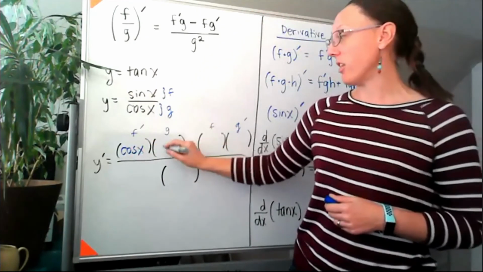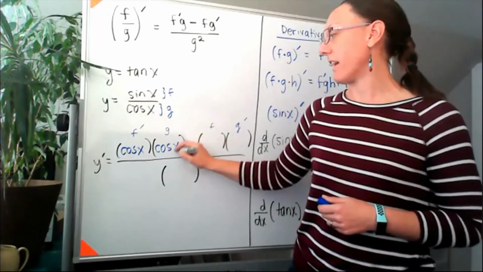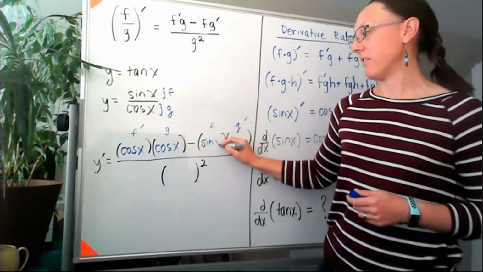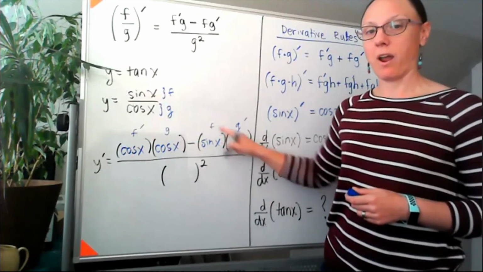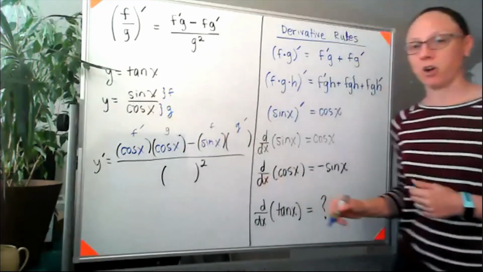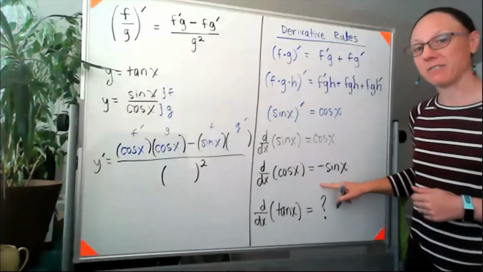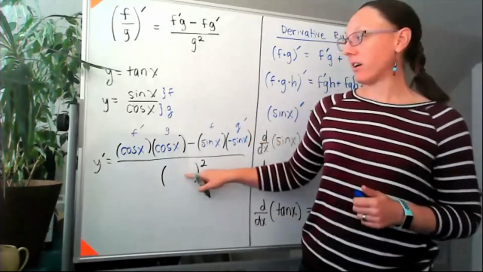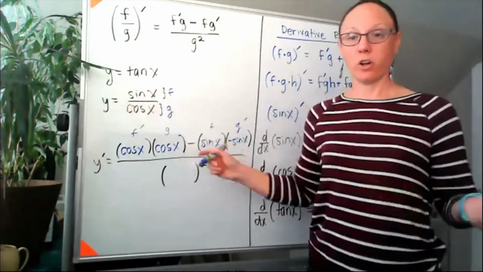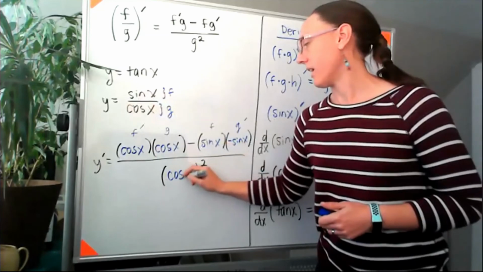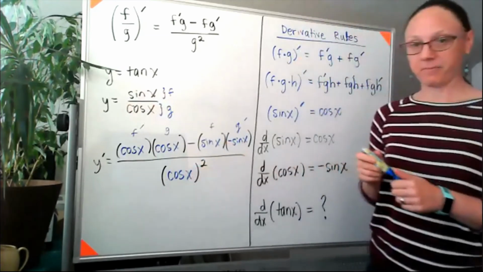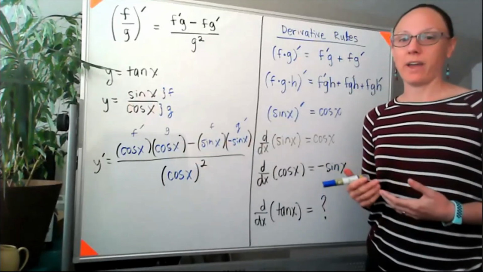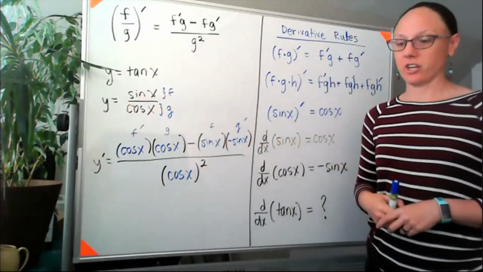Then I'm going to leave the g alone, so that's still cosine of x. Minus, I'm going to leave the f alone, so that'll be sine of x, and then times g prime. So now I'm looking for that derivative of cosine, which is negative sine of x. And my denominator, I'm just going to take that g, or cosine of x, and square it.